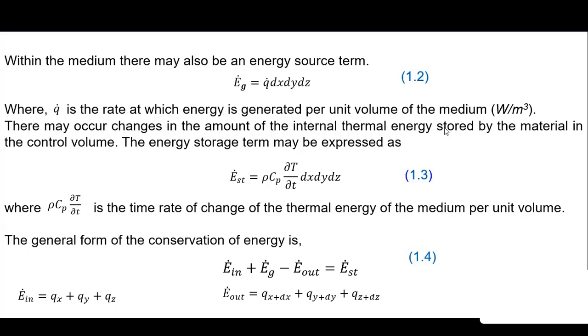Now what we are going to do is put all these values from equations 1.1, 1.2 and 1.3 into equation 1.4. Substituting equations 1.2, 1.3, 1.5 and 1.6 into equation 1.4, we'll get Qx plus Qy plus Qz plus q dot dx dy dz, that is the energy generated, minus Qx plus dx, Qy plus dy, Qz plus dz, is equal to energy stored.